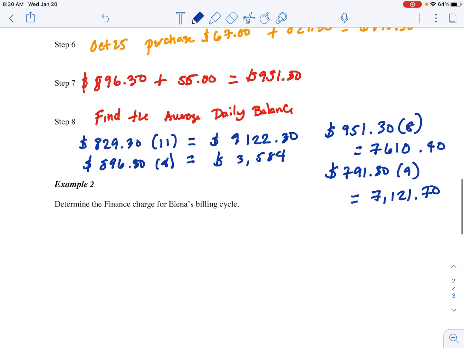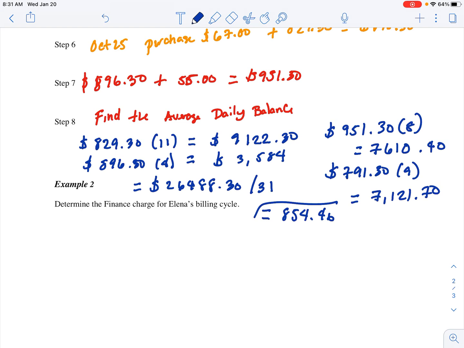So this will give us a total of 26488.30, and I made a calculation over there, and we're going to divide it by 31. So that gives us an average daily balance of $854.46. And that's what we're going to be using to determine our finance charges. Okay, so this is the average daily balance right here.